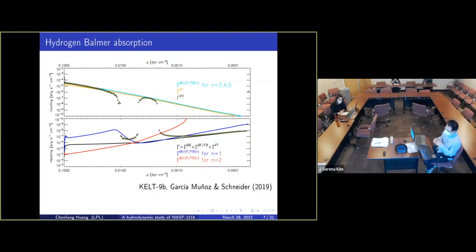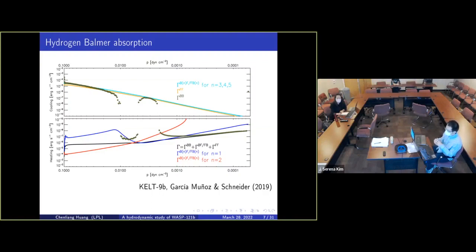So first, begin with the excited state hydrogen. Garcia-Muniz and Schneider 2019 create a model for KELT-9b, which is a hot Jupiter surrounding a type A star with quite higher surface gravity compared to WASP-121b.